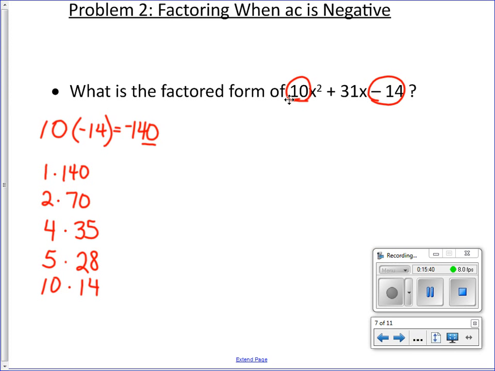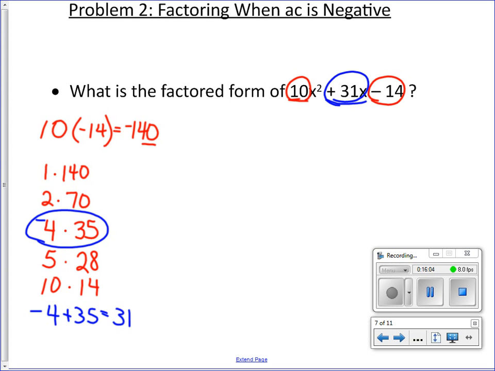We want to get a positive 31 in the middle. So what we see here, if we look at the 4 and the 35, if we make the 4 negative, then we know that negative 4 plus 35 is equal to 31. And that's what we want in the middle.